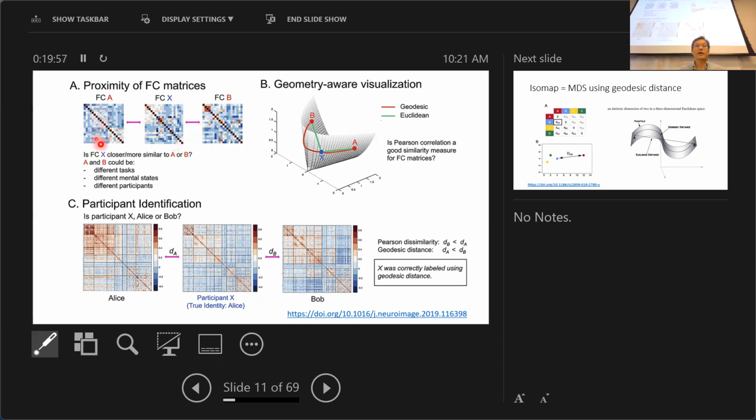When you map this into a high dimensional space, consider all the other points, and use geodesic distance, you measure the distance from A to X and B to X, and this gives you the conclusion that X is closer to A in reality.